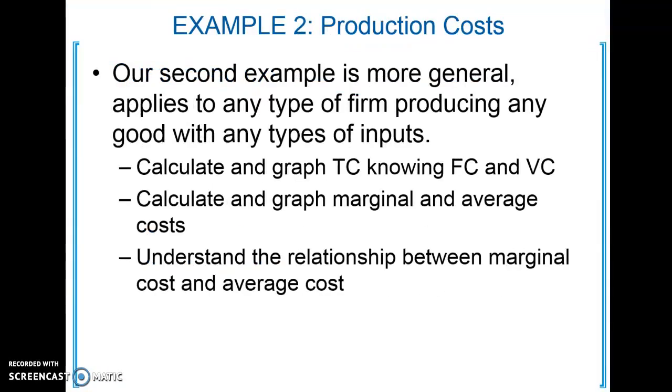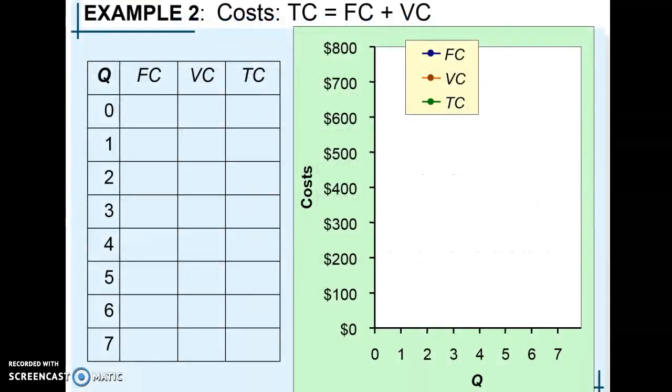Our second example is more general and applies to any type of firm producing any good with any type of inputs. Calculate and graph total costs, knowing fixed costs and variable costs. Calculate and graph marginal and average costs. Understand the relationship between marginal costs and average costs.